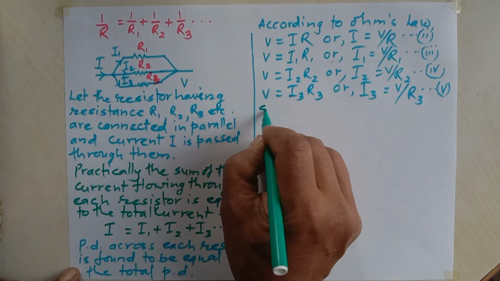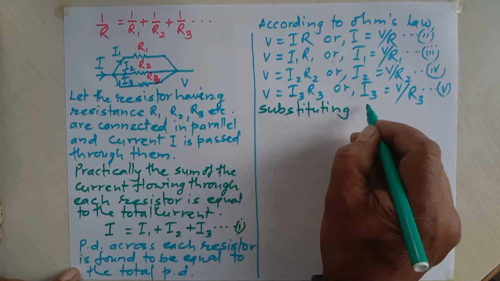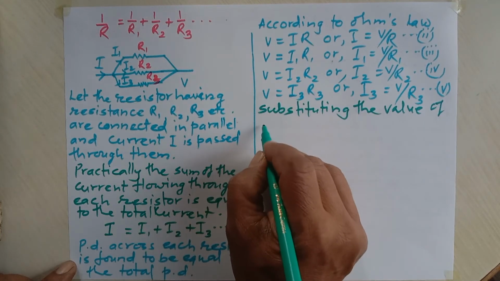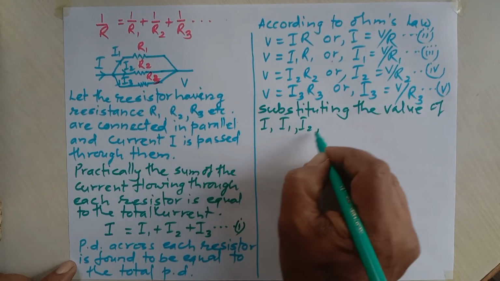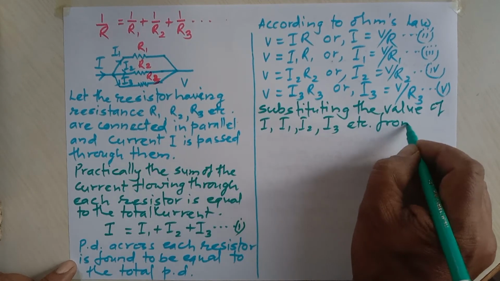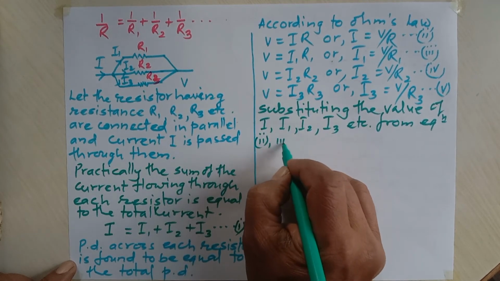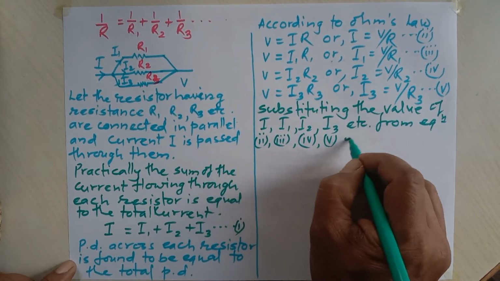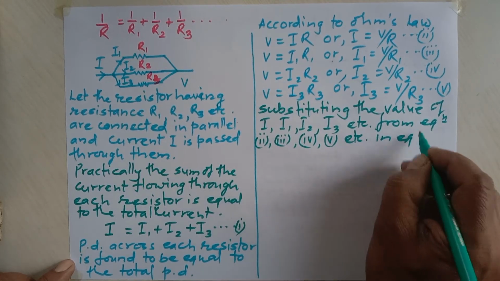That's why substituting the values of I, I1, I2, I3, etc. from equations 2, 3, 4, 5, etc. into equation 1.